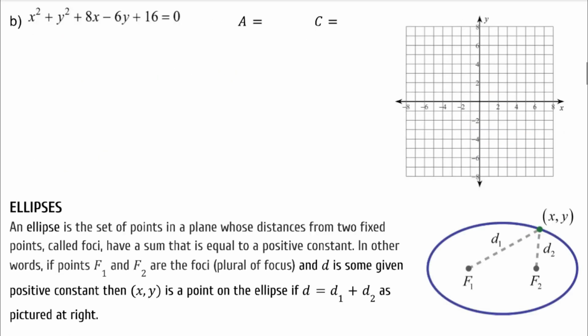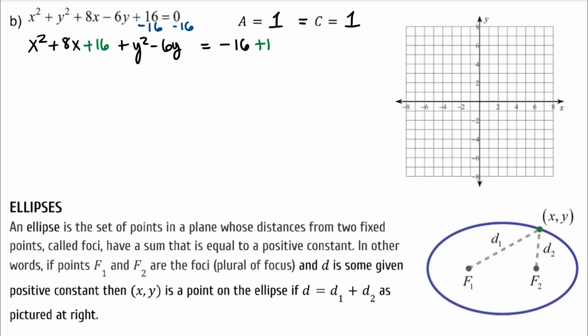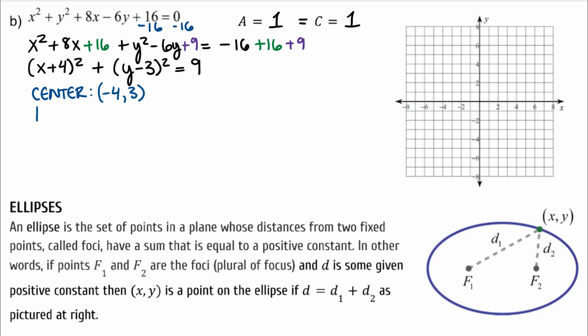Pause the video and repeat the process from Part A for Part B. And you end up with a circle whose center is at (-4, 3) and radius is 3.